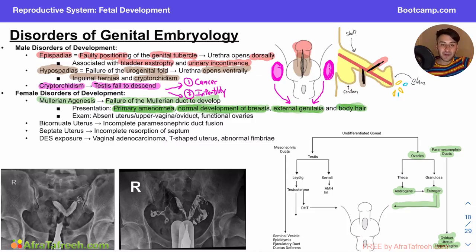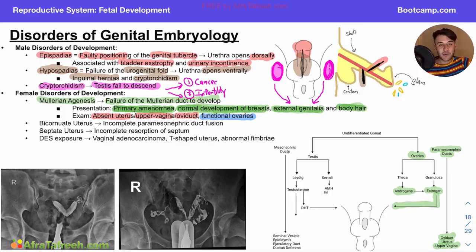And as well, breasts are due to estrogen as well. So if we have estrogen, we're going to have breast development at the proper time. The structures that are going to be absent here are all the ones that come from the Müllerian duct. So on exam, we're going to have an absent uterus, an absent upper vagina, and an absent oviduct or fallopian tubes. However, our ovaries will be present and they will be functional, which explains why we got all the other structures that I just talked about.